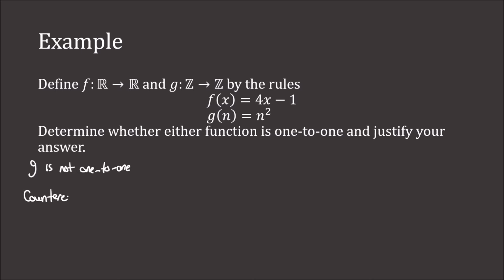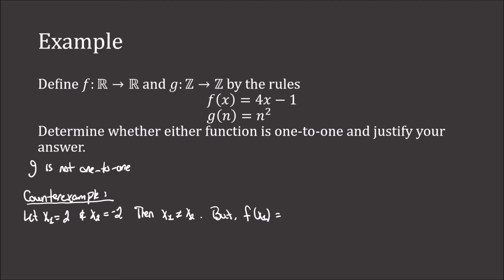Let x1 be 2 and x2 be negative 2. It is obvious that x1 does not equal x2. g of x1 is going to be 2 squared, which equals 4, and g of x2 is equal to g of negative 2, which is negative 2 squared, which is also 4.